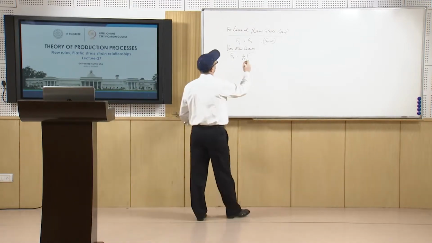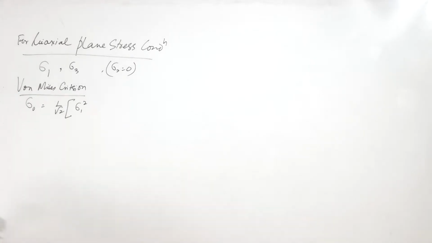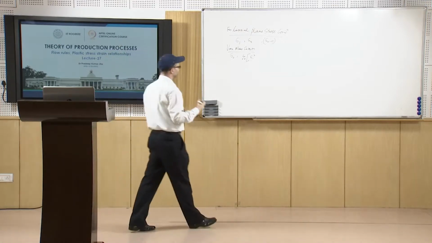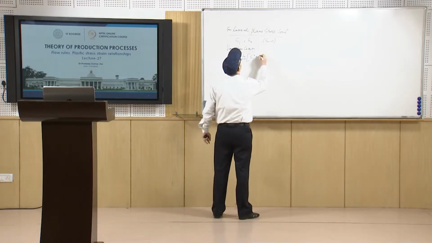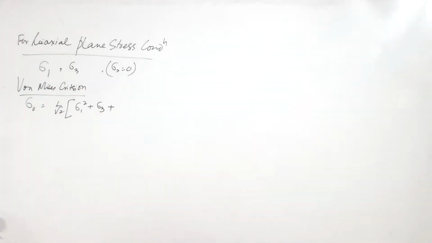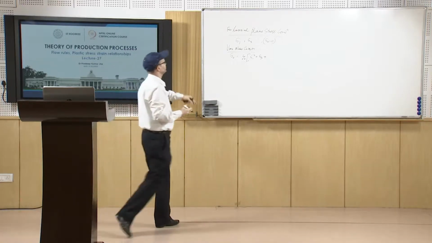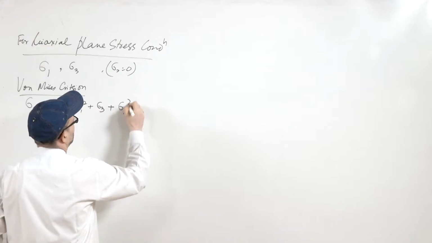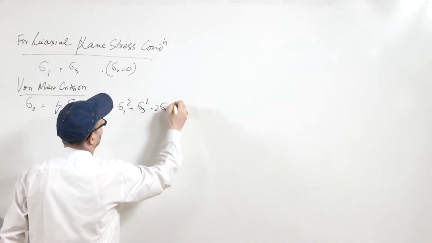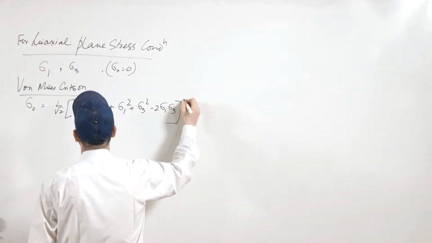Sigma 1 minus sigma 2 will be sigma 1 square. Similarly, sigma 2 minus sigma 3 will give sigma 3 square, and plus you will have sigma 3 minus sigma 1 squared. So again you will get sigma 1 square plus sigma 3 square minus 2 sigma 1 sigma 3, and based on that you will have half.